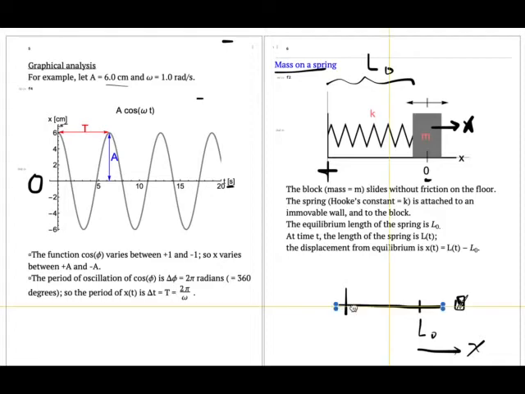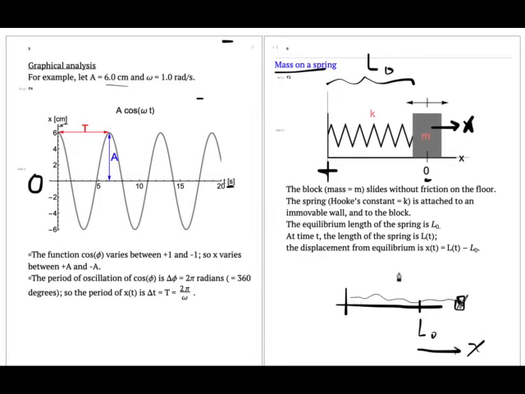Now, if I stretch the spring in that way, the spring will pull the block back. You know, that's the nature of the force produced by a spring. If you stretch it, it pulls back. Now, on the other hand, I could also compress the spring.